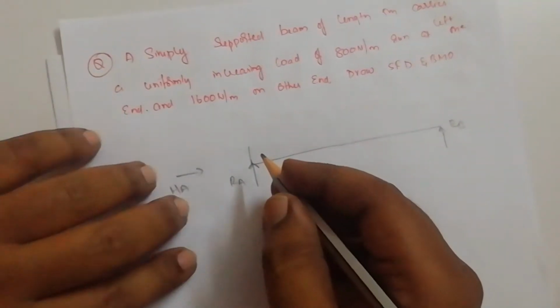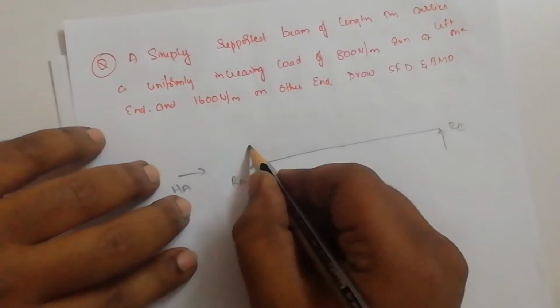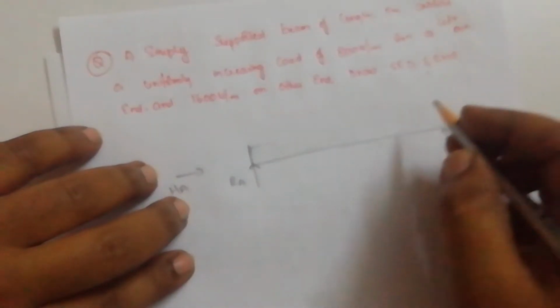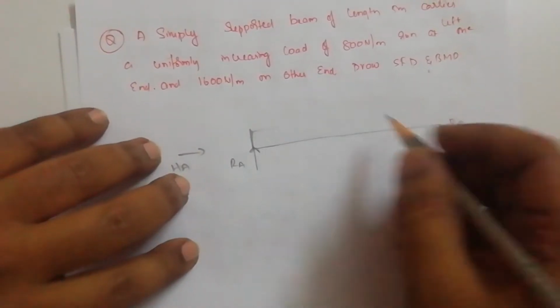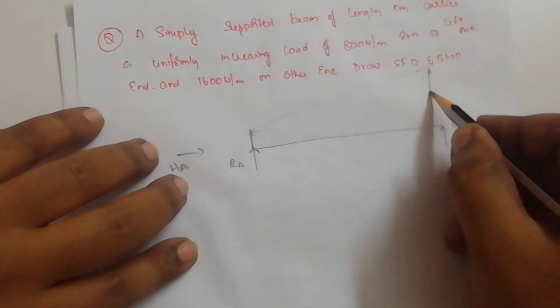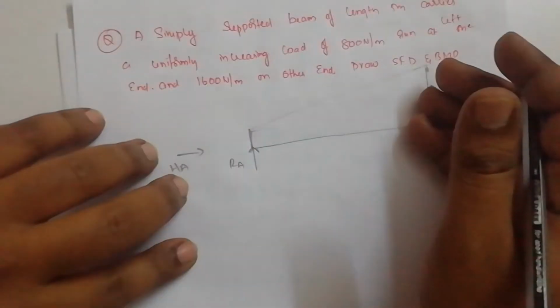So this is our left end, and at this point we have a load of 800. Similarly, on the other end it is 1600. We join these two by using an inclined line, so this is now a uniformly increasing load.